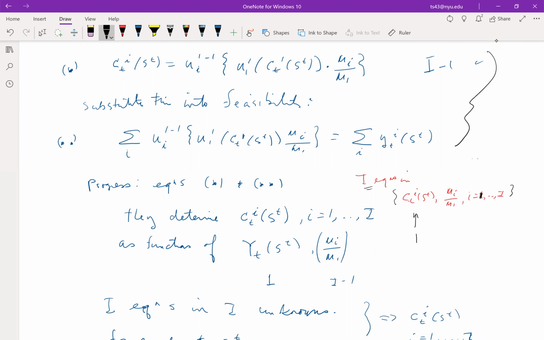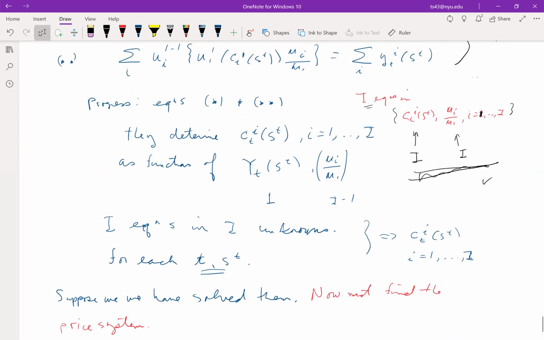There's I variables there, and there's I variables there. It's going to turn out we can normalize one of these. We'll talk about that later. So we have I variables there and I variables there, and so we have I equations in 2I variables. So we're short of equations.